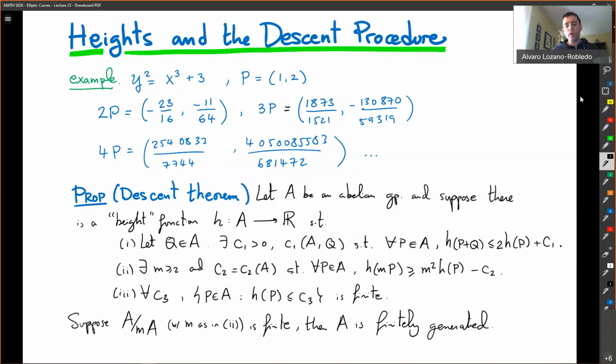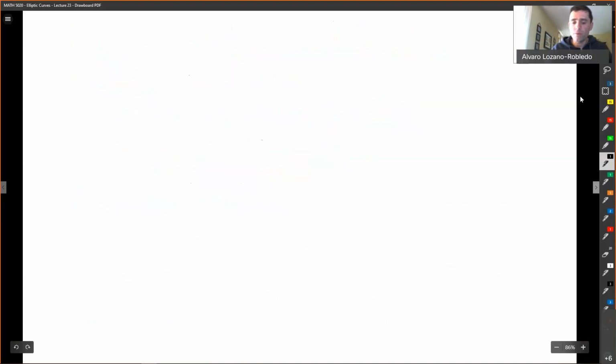So today we're going to prove this, and then we're going to have to prove that there is a height function that does this. And the naive height function that I mentioned before is going to work. Okay, so let's prove this proposition. So here is the proof.